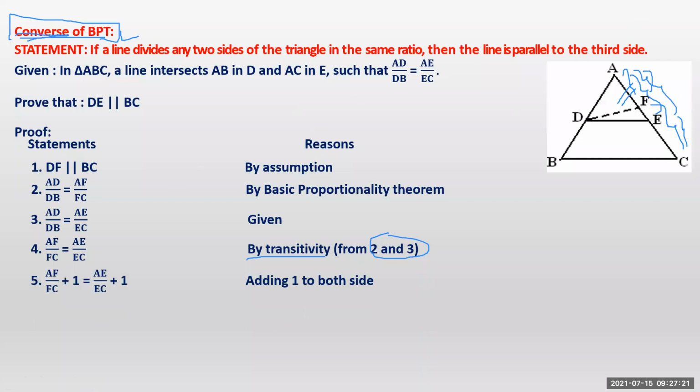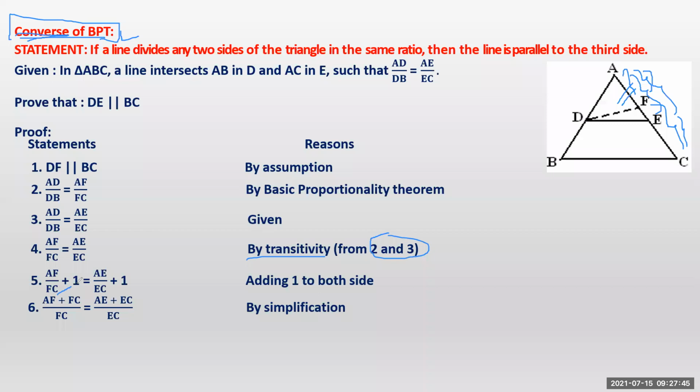So adding 1 to both these sides, AF upon FC plus 1 equals AE upon EC plus 1. So now you will get AF plus FC upon FC equals AE plus EC upon EC. This is by simplification. You are going to solve that.